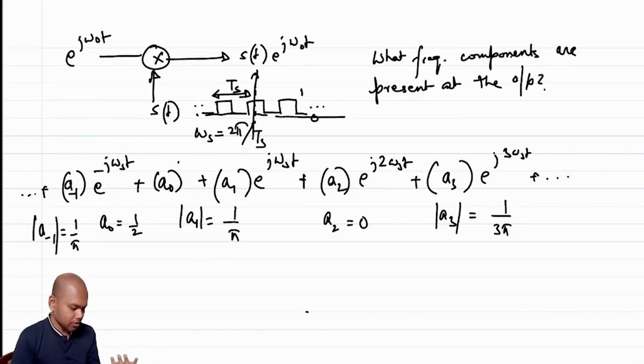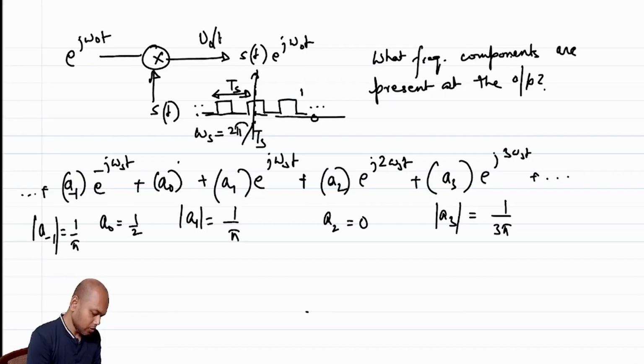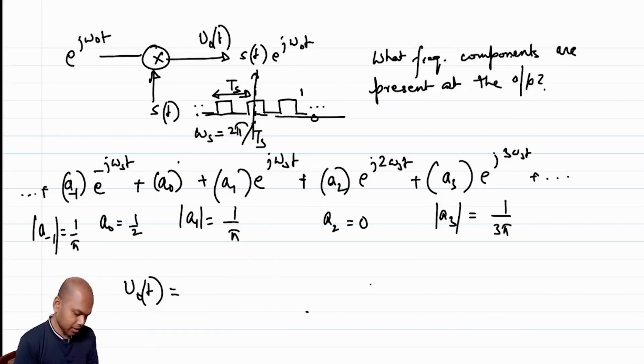So now what is the final output? Final output is nothing but s of t multiplied by this. So essentially all of these terms get multiplied by e to the power j omega naught t. So your v naught t will be nothing but a term of A0 times e to the power j omega naught t, plus A1 e to the power j (omega naught plus omega s) t.